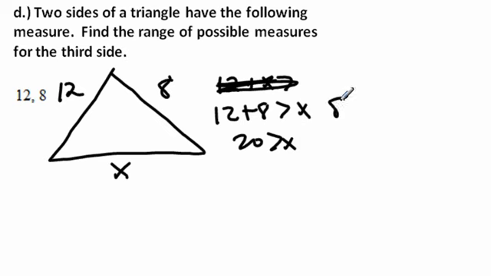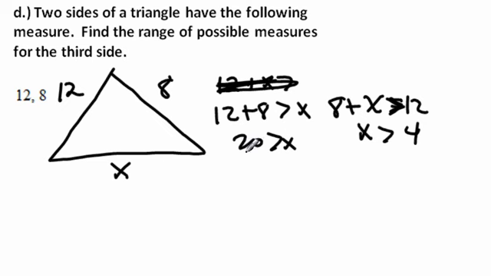Then let's look at 8 plus x is greater than 12. So x is greater than 4 because we are subtracting 8 on both sides.